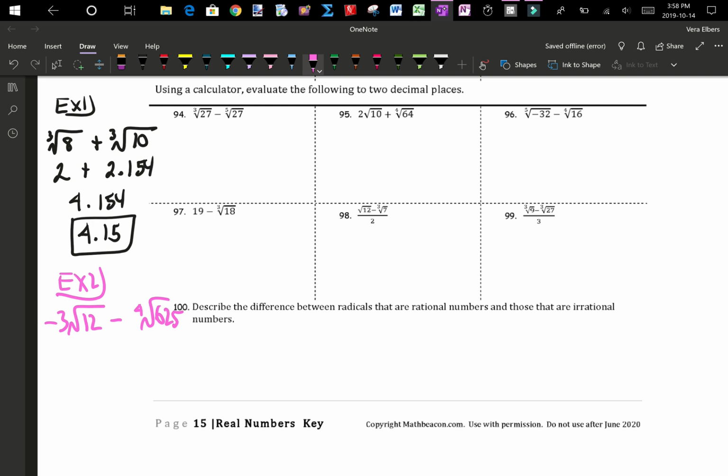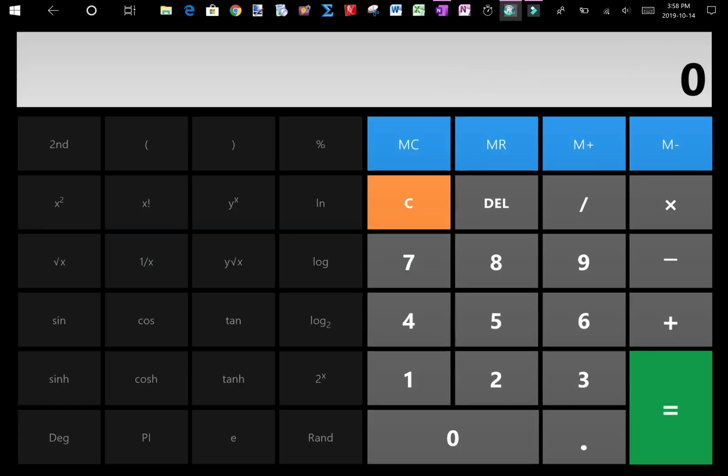For the square root of 12, are there 2 numbers that when you multiply them together will give you 12? Yes, but they're not whole numbers, so you want to use your calculator. So we go back to the calculator. I want to go -3 times the square root. My square root is over on the left, 12.